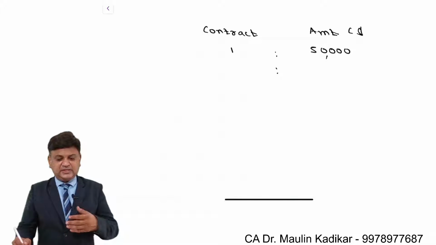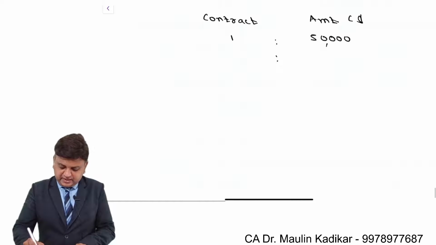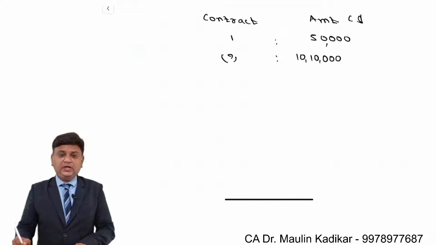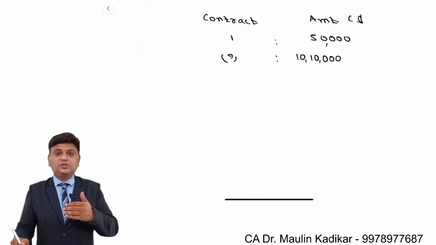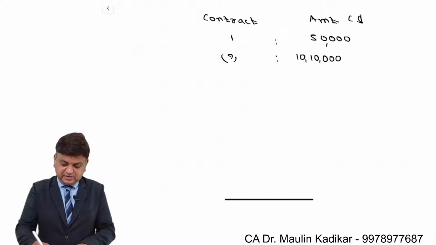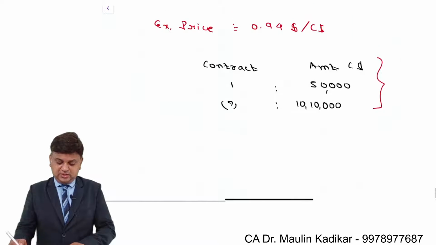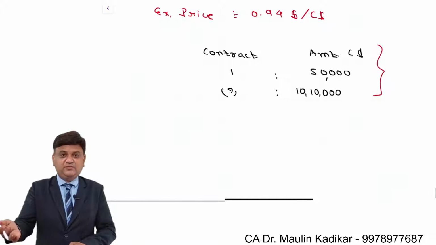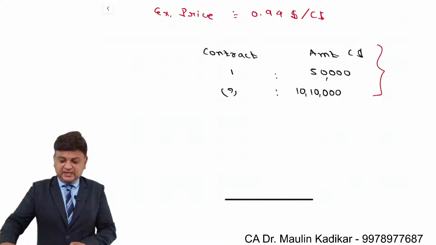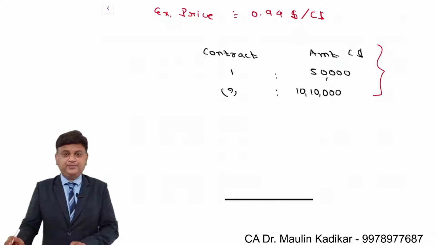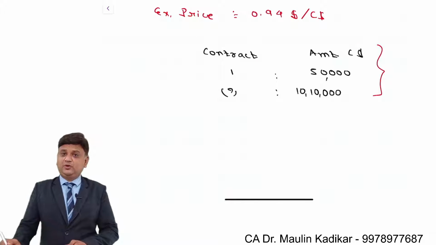Now you know that after 1 month you are required to pay 10,10,000 Canadian dollars. So in order to use the option contract as a method of hedging, you have to enter into a specific number of contracts. What is the number of contracts you can enter into? 10,10,000 upon 50,000, the answer comes to 20.2.